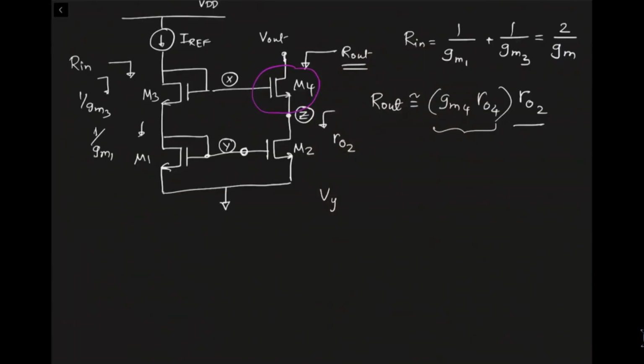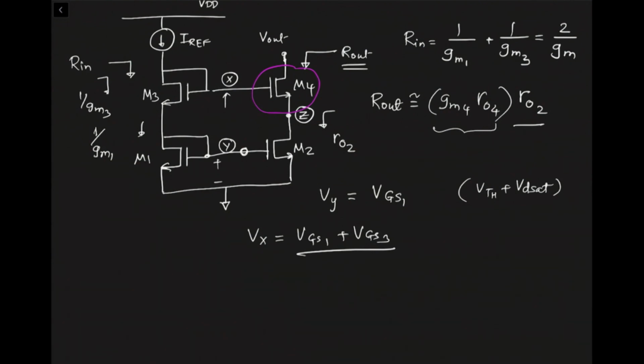So what is the node Vy, by the way? If you look at node Vy, which is this node, what is the voltage at this node? That would be VGS1, which would be something like VTH plus VDSAT. Now, what is node Vx? The node Vx, which is this one, would look like VGS1 plus VGS3.